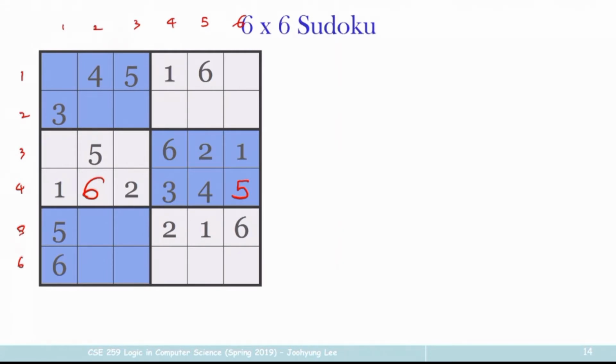So let's look at 1, 1, for instance. If you look at the row condition, okay, so 4, 5, 1, 6 are used. So if you just look at only the row condition, which numbers are possibilities? 2 and 3, right? 2 and 3, if you look at only the row. I told you that we are not going to use an eraser, but we just need to put some scratch pad here, right?